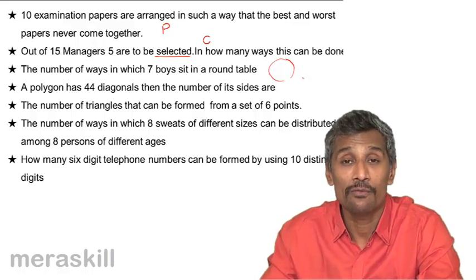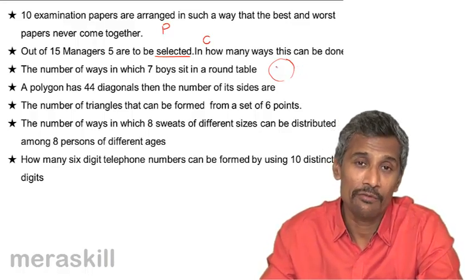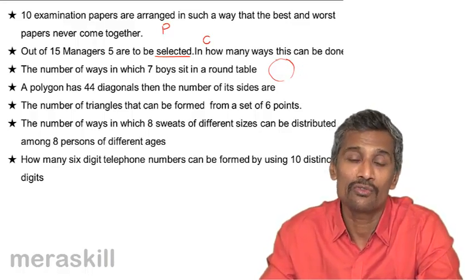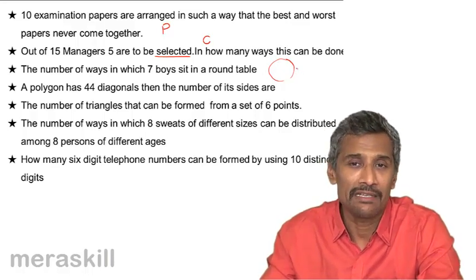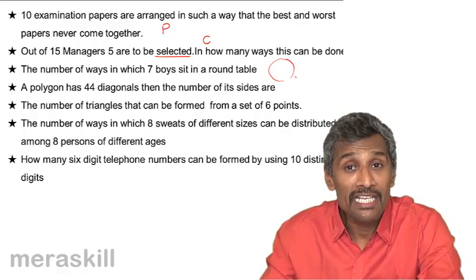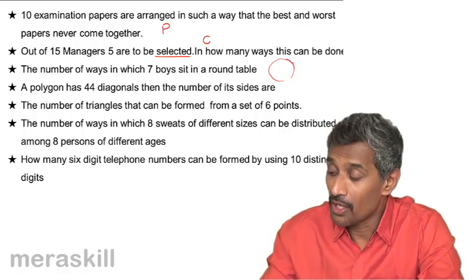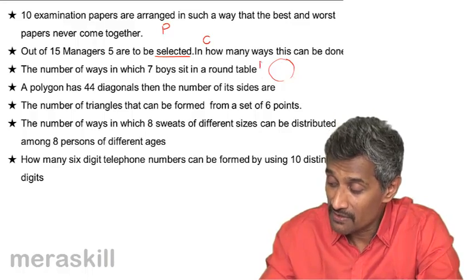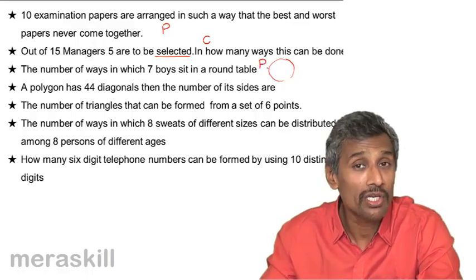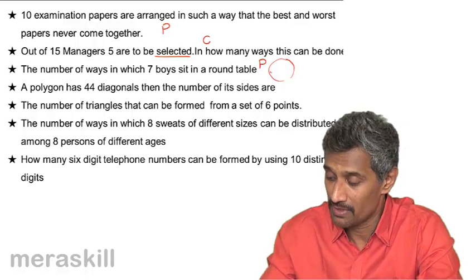Who's to the left of A? Who's to the right of A? Who's to the left of B? Who's to the right of B? The same way for C, D, E, F, G, whatever. The order in which these are arranged is different. So in that case, it's definitely a case of permutation because we have an arrangement.